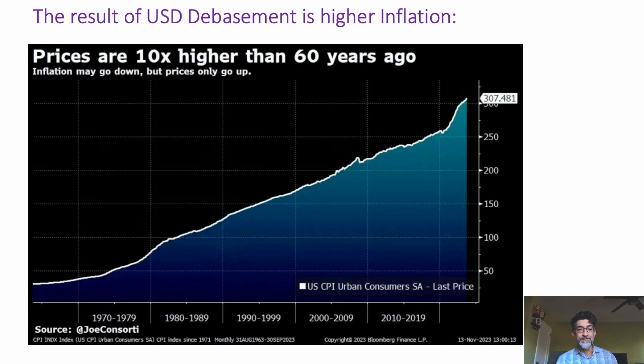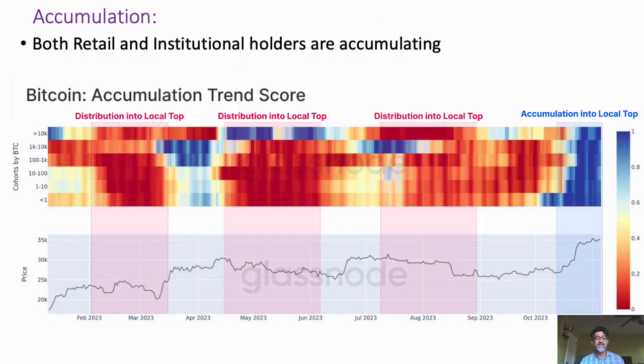So just to be clear, prices in this chart from Bloomberg are 10 times higher than they were 60 years ago. That's why you must act in order to not lose money, because when there's debasement and high inflation, that's like a hidden tax. If you don't want to lose money, you've got to buy Bitcoin or real assets like real estate or gold. Okay, next slide.